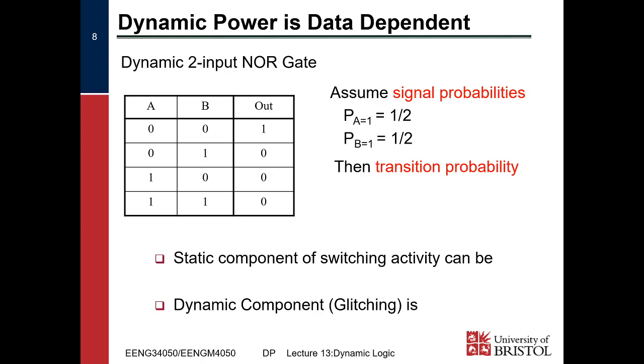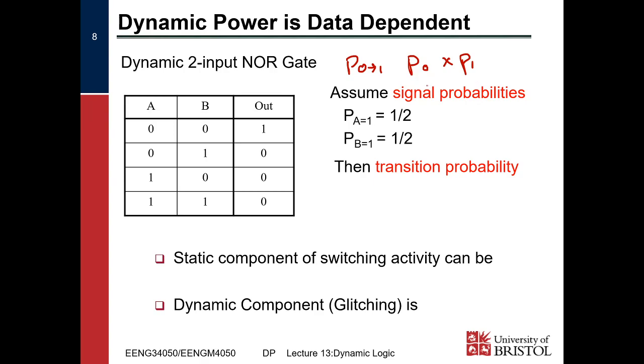Power, right? So remember when we had our complementary CMOS circuits, we said the probability of a 0 to 1 is the probability of a 0 before multiplied by the probability of a 1 afterwards, right?